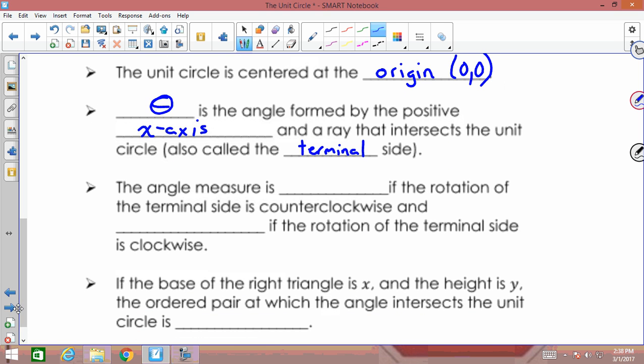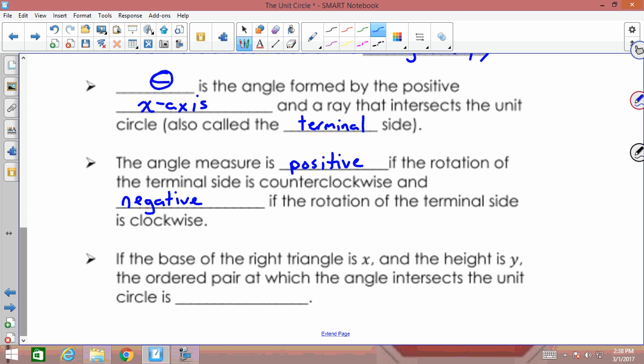The angle measure is always positive if we go counterclockwise on our unit circle, and it's negative if we go clockwise. So if the base of the right triangle is x and the height is y, your ordered pair is always going to be x, comma, y.